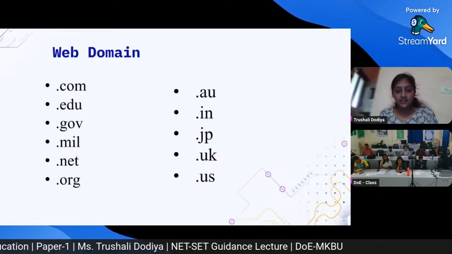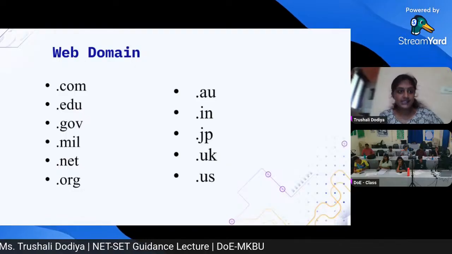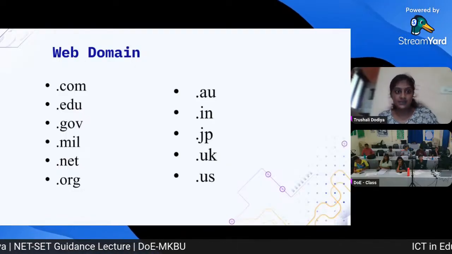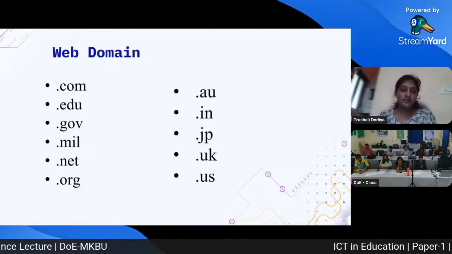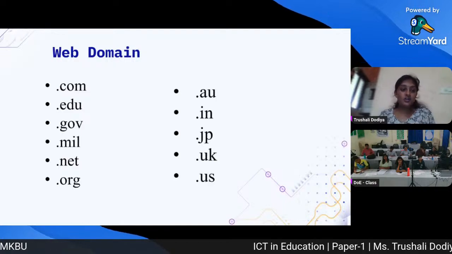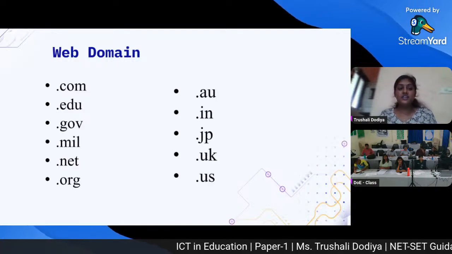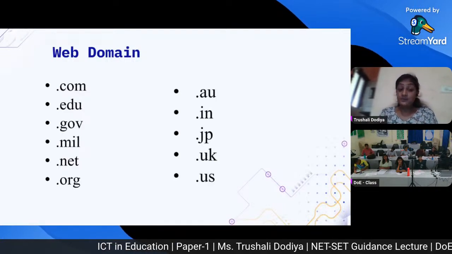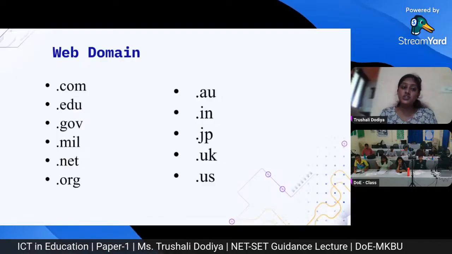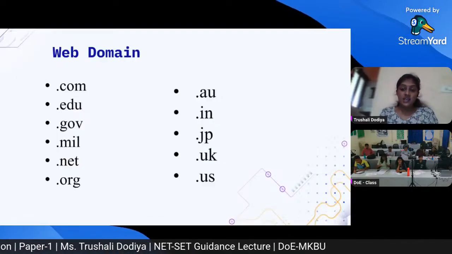These questions are also being asked about web domains, because after .com, after the dot, what is that? It defines which category this website belongs to and what use this website has.